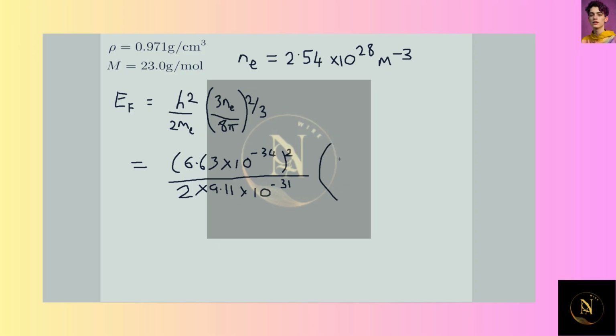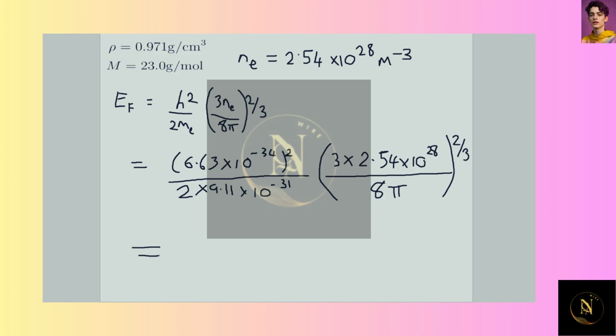And then open bracket, we have 3 multiplied by our electron charge carrier density, which we worked out to be 2.54 times 10 to the 28 meters to the minus 3, and that's over 8 pi, all to the power of 2/3.